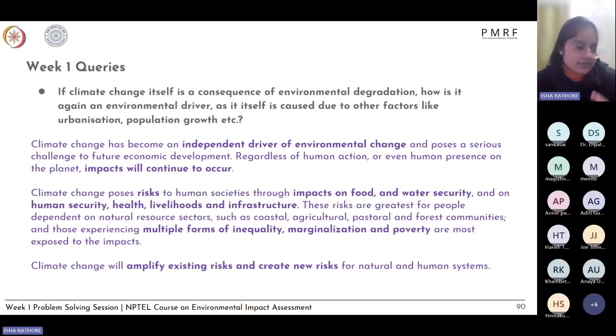So this was a very interesting question to me. And this is a question which I would like to ask everybody also. What do they think about it? Do they agree with this understanding of why climate change is an independent driver of environmental degradation now? Any thoughts are welcome.